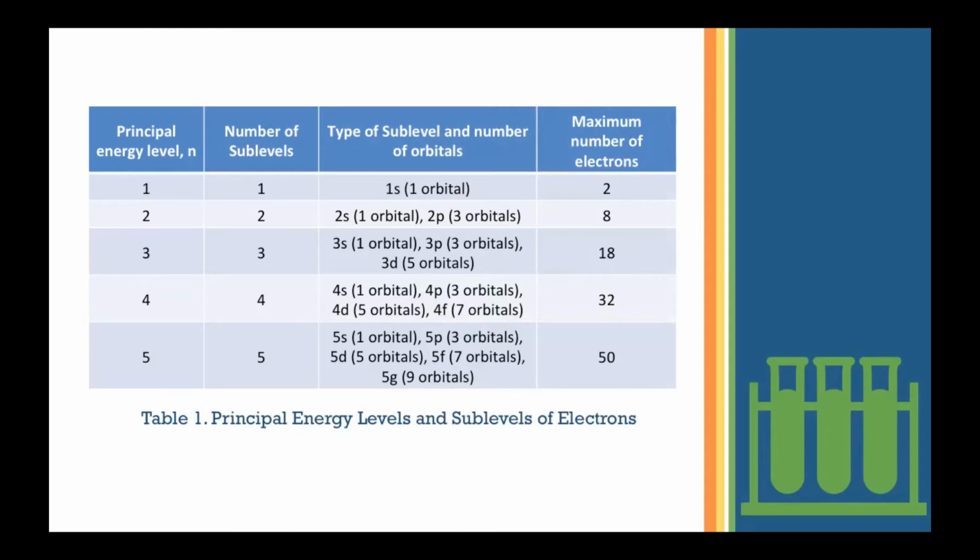For 5S, we have 1 orbital; 5P, 3 orbitals; 5D, 5 orbitals; 5F, 7 orbitals; and 5G, 9 orbitals.